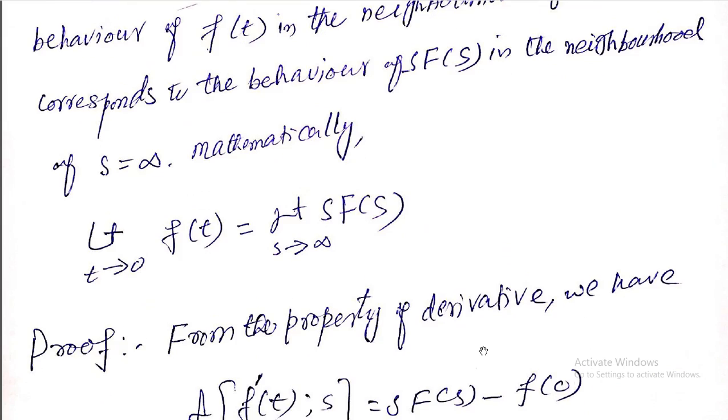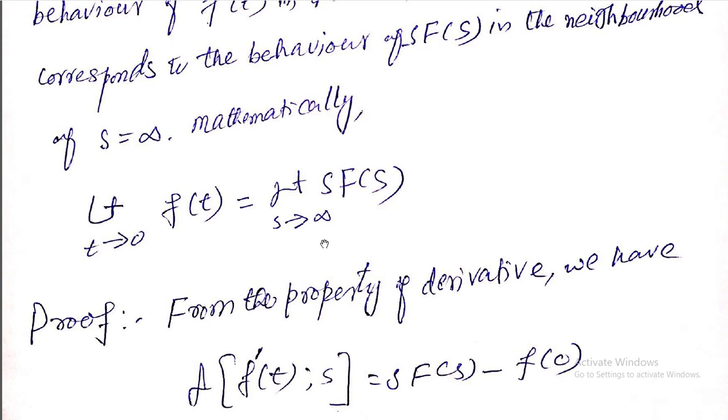And mathematically, what does it mean? The limit of f of t as t tends to 0 will be equal, in transform form, to the limit of s F of s as s tends to infinity.